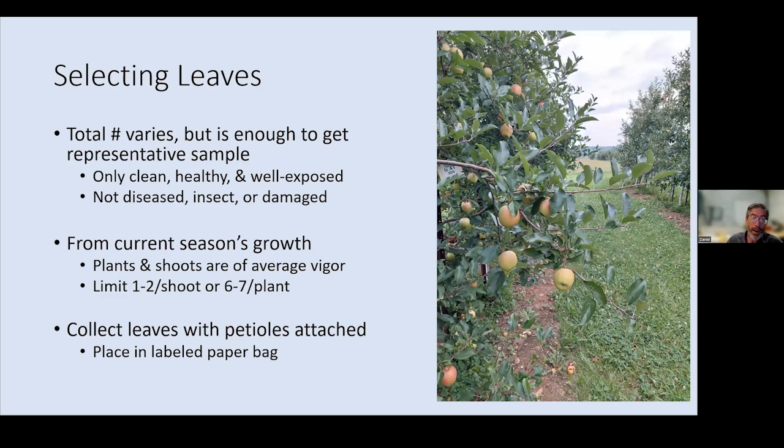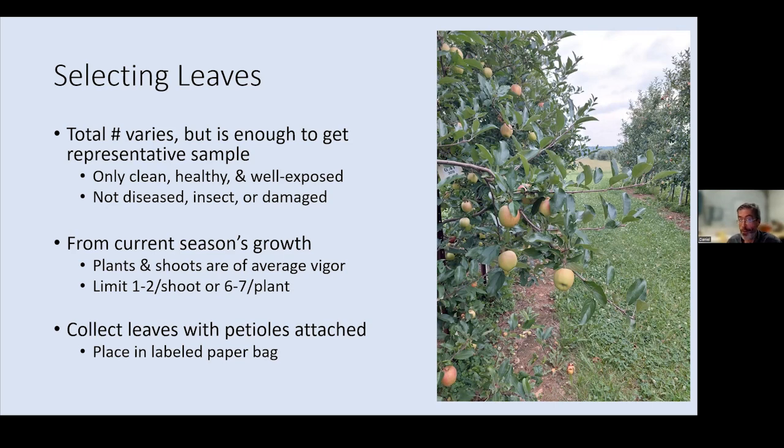For the leaves, the total number varies based on the crop, but is generally enough to get a representative sample. Select only clean, healthy, and well-exposed leaves from well-exposed shoots, and don't sample any diseased, insect-damaged, or damaged leaves. Collect from the current season's growth, and from plants and shoots that are average vigor for that planting.